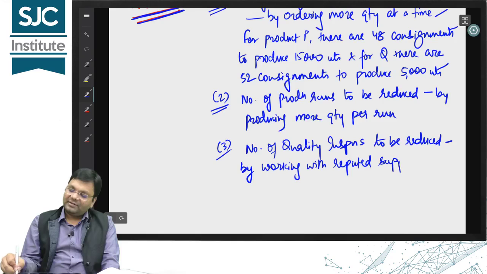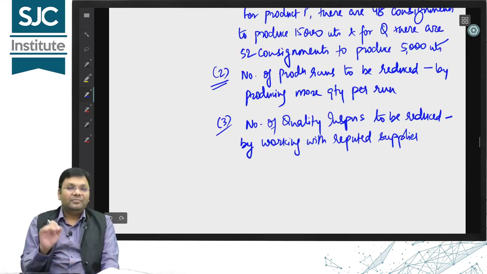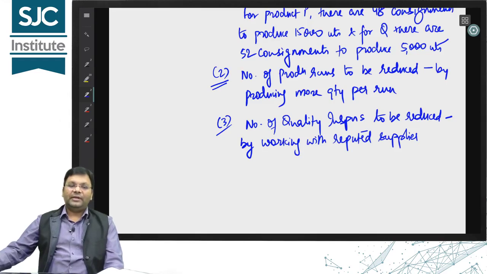If you have reputed suppliers, they actually sell quality products. So if you are buying quality products and reputed suppliers are working with you, then the responsibility of inspection reduces in your organization, because you are then using what?